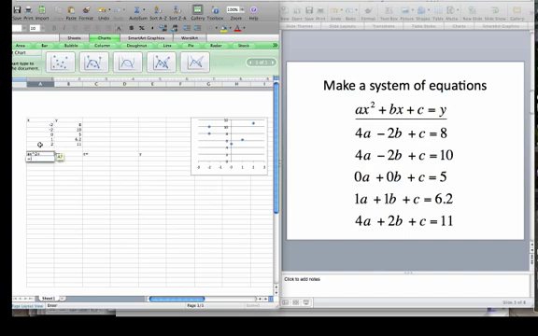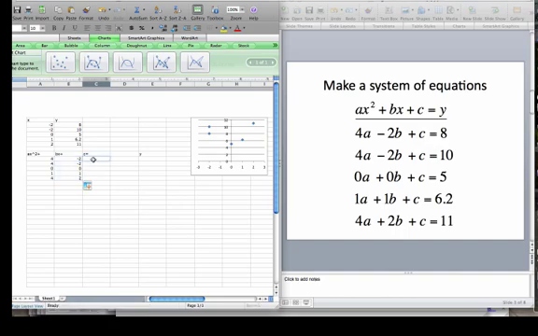If I type equals and then click on the x and tell it to square x, Excel will do that calculation, and then I can just pull down to get the rest of them. In this case, every number that's multiplied by b is just equal to x. So equal to x, and we'll pull down.